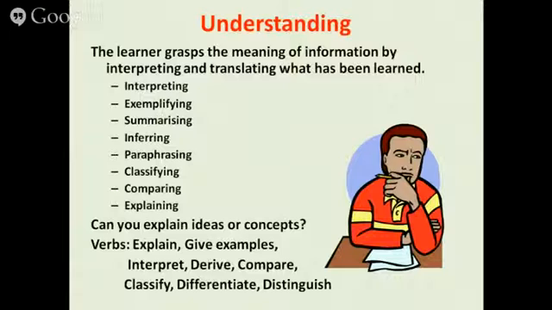Now, these are the capabilities when the person has understood certain concepts, certain principles, certain theories which are part of the subject. So when the person is able to do all this, we say these are the objectives at the understanding level, and see what are the verbs which can be used.